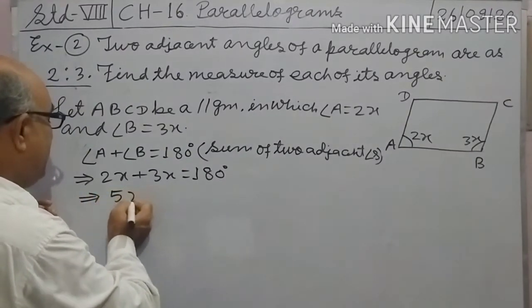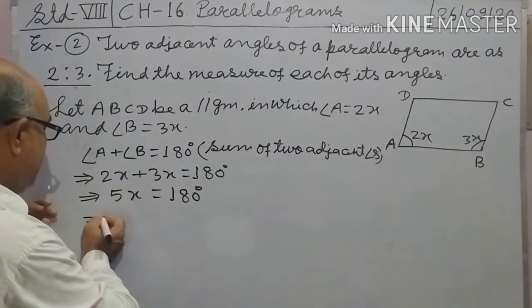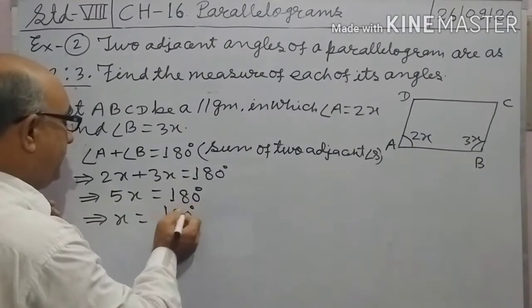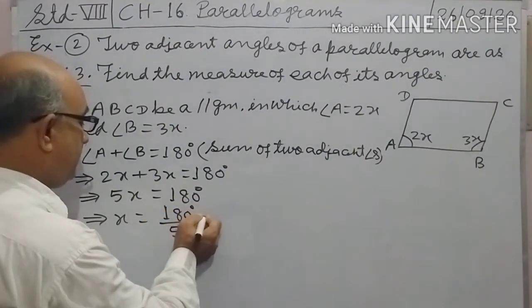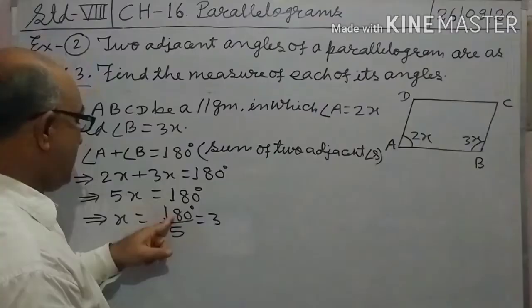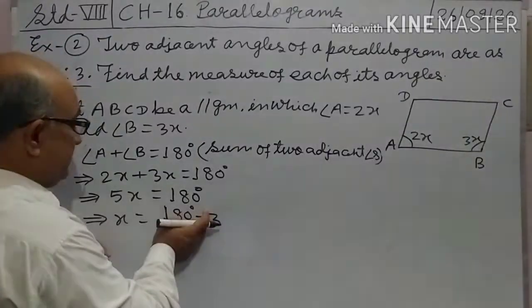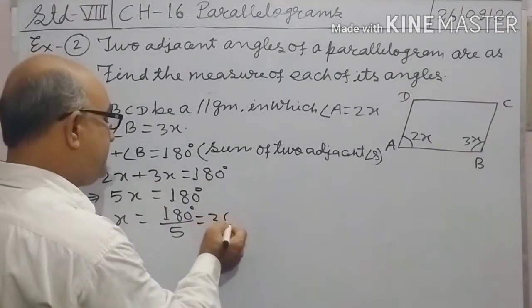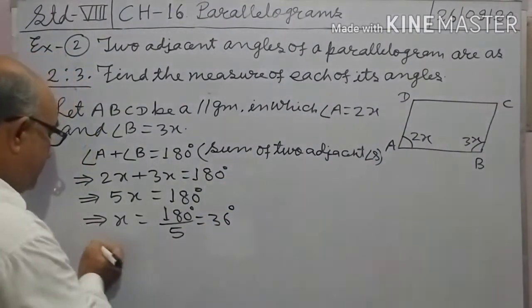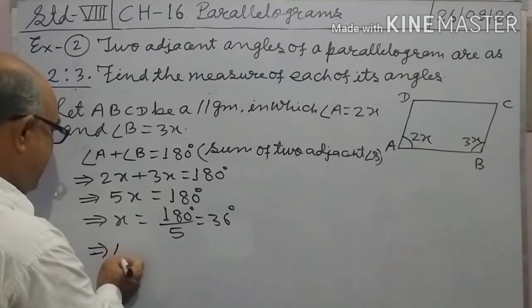That implies 5x equal to 180 degree. Next step is x equal to 180 degree by 5. 5 3s are 15, left 3, 30. 5 6s are 30. So x equal to 36 degree.